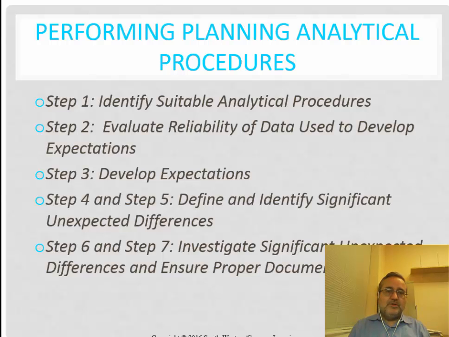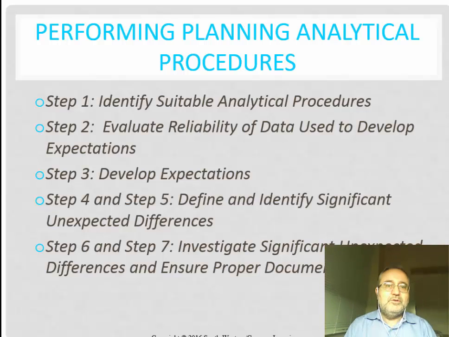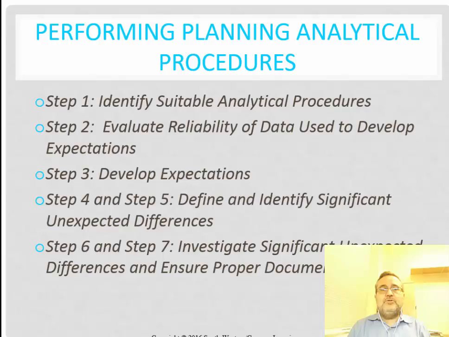Analytical procedures are simply mathematical models or ratios that help us understand the relationship between data. So once we have this, we need to compare this to prior years. We also need to be able to compare this to industry standards. And if we do this correctly, what we're able to do is identify exceptions.